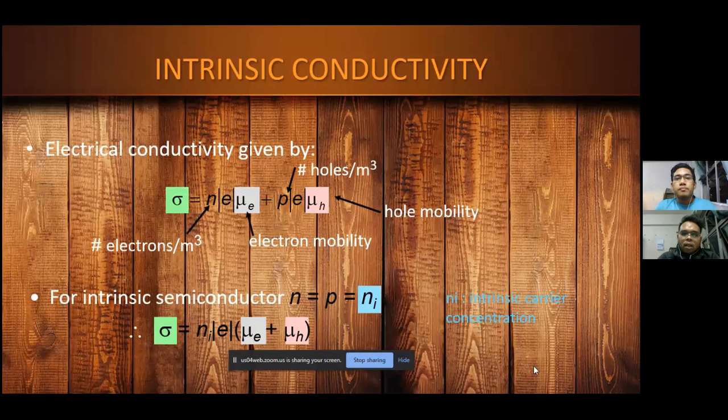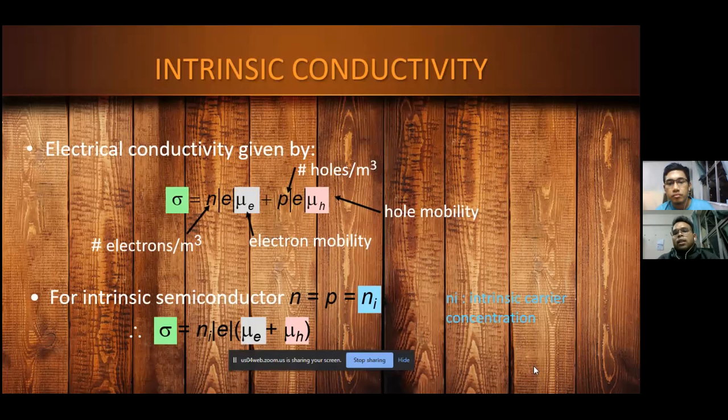Because there are two types of charge carrier, free electrons and holes, in an intrinsic semiconductor, the expression for electrical conduction, which is the first equation, must be modified to include a term to account for the contribution of the hole current.